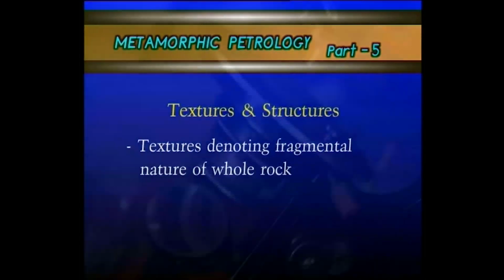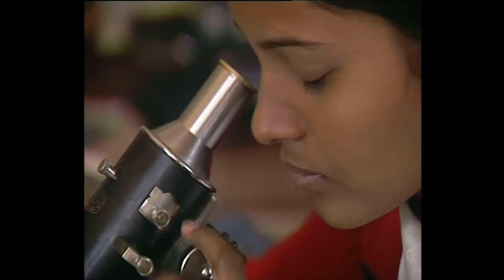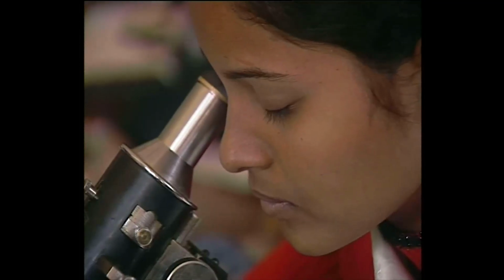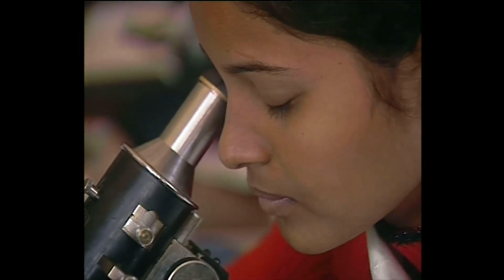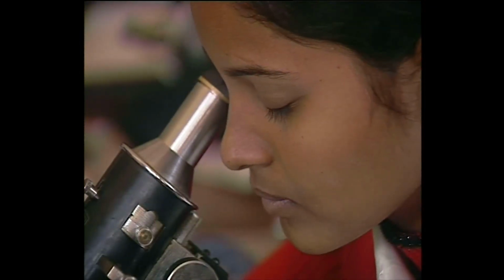If we take the linear and planar structures, then on the basis of that we can find many structures which we normally observe in metamorphic rocks, like foliations, schistosity, slaty cleavage, gneiss, etc. Now let us take the first case, that is foliations.